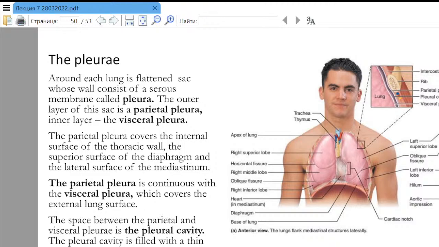The space between the parietal and visceral pleura is the pleural cavity. The pleural cavity is filled with a thin film of pleural fluid.